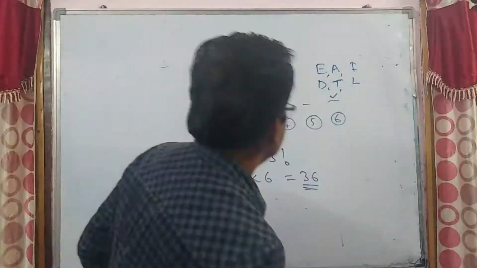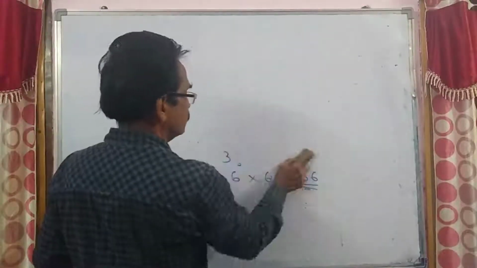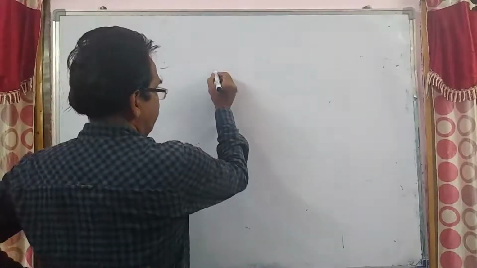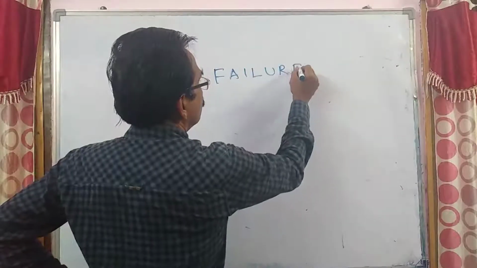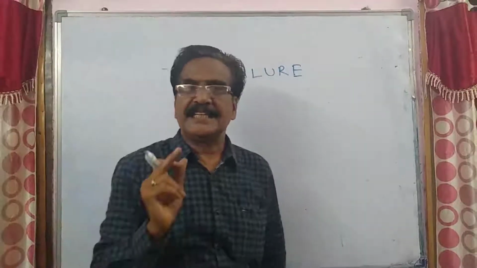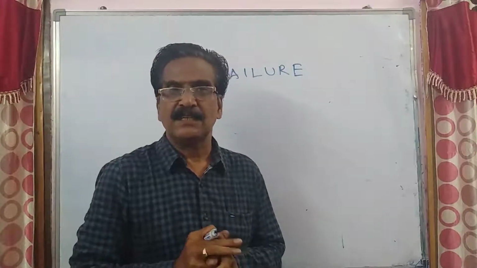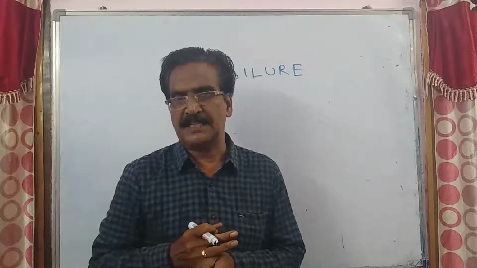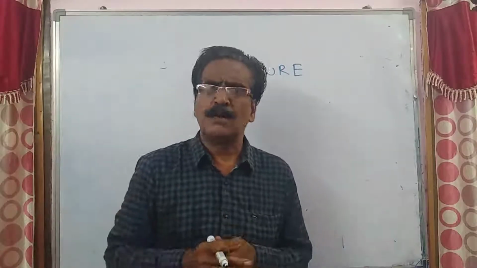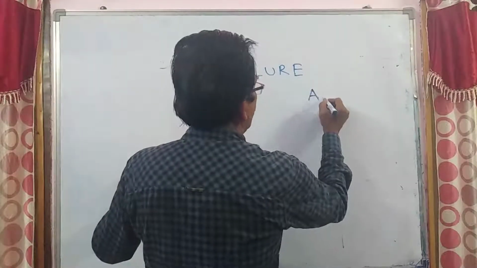Next. In how many ways can the letters of the word FAILURE be arranged so that consonants occupy odd places, or vowels occupy odd places? So how many vowels are there?